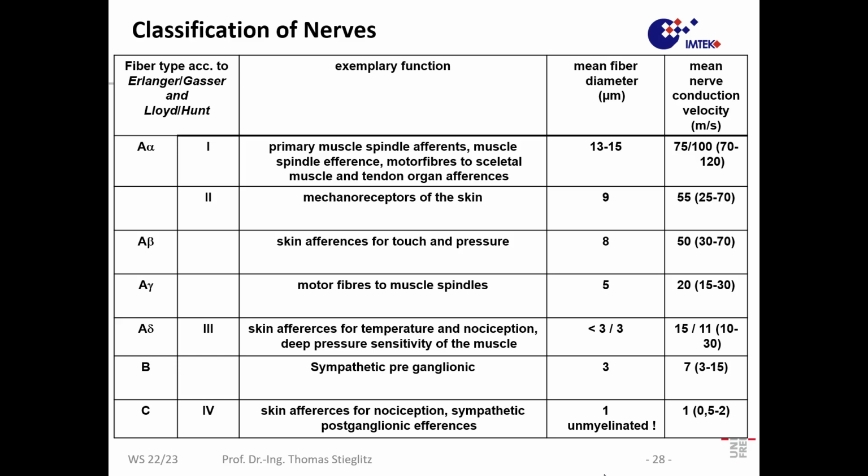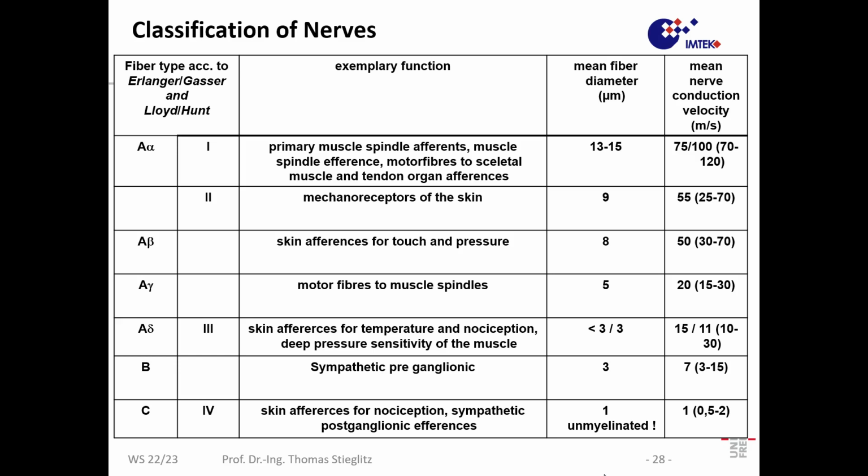So we have that. If we look at the classification, what belongs to what, that's where I come in at the end here. We have an assignment to mean fiber diameters of the axons, and then an associated nerve conduction velocity here with a mean and then a range behind that.